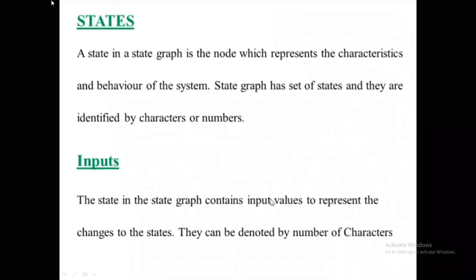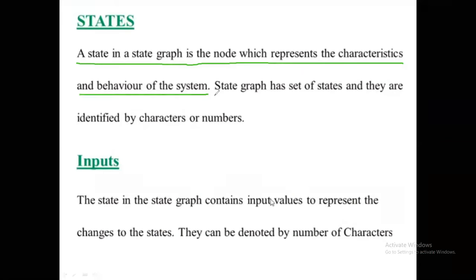Now we see, what is a state? A state in a state graph is the node which represents the characteristics and behavior of the system. The graph has a set of states and they are identified by characters or numbers.